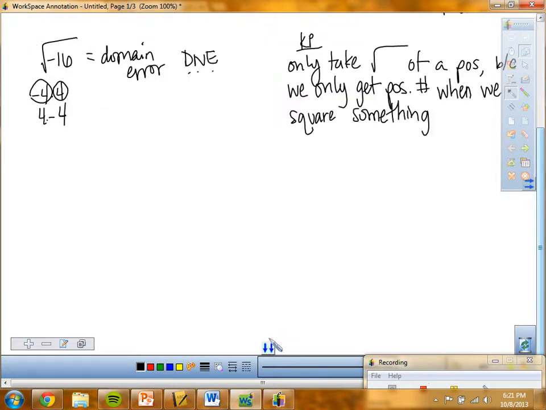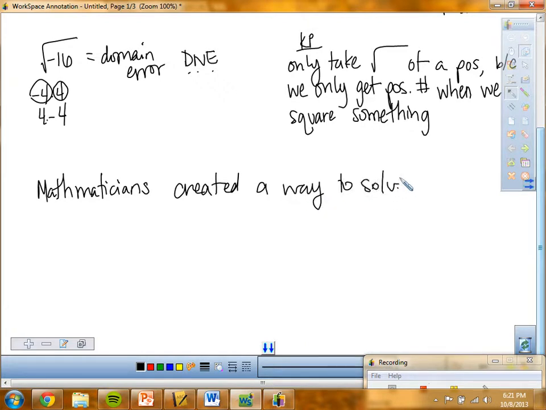Except some mathematicians said, well, we know that mathematically we can't do it, but if we get rid of that negative, now we can. So mathematicians just created a way to solve unsolvable radicals.